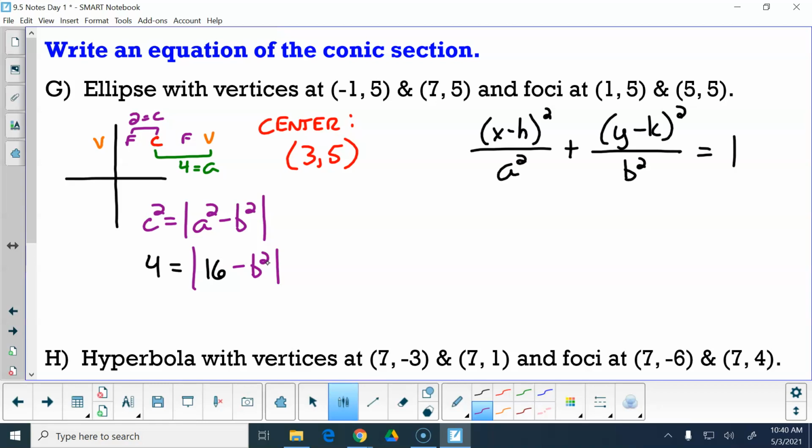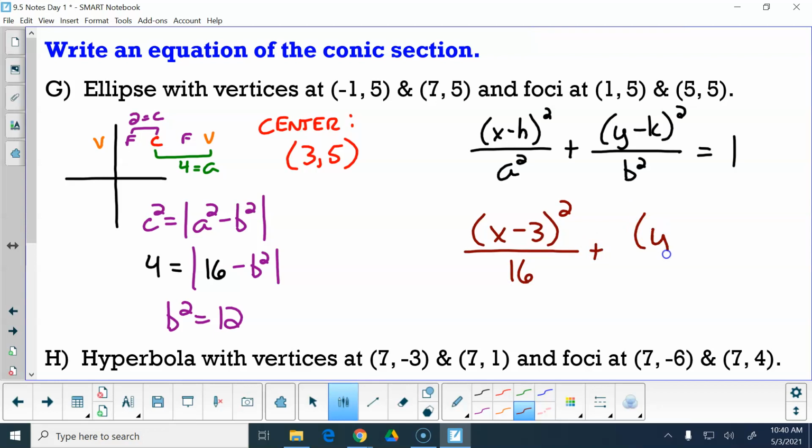So b squared here is 12. So the equation that we would have then would be x minus 3 quantity squared all over 4 squared, which is 16, plus y minus 5, not y minus k, y minus 5 squared all over 12 equals 1.